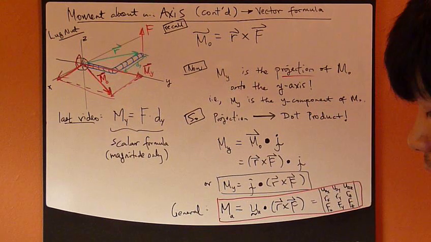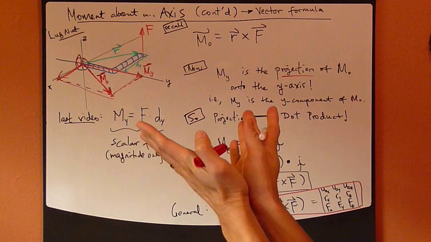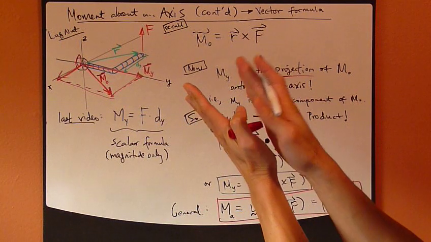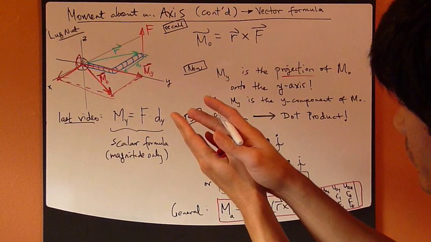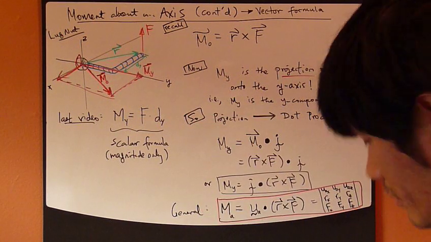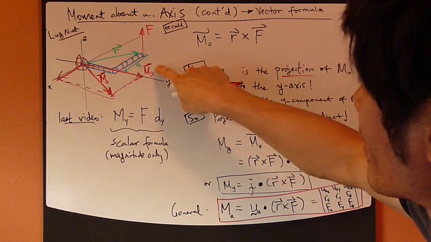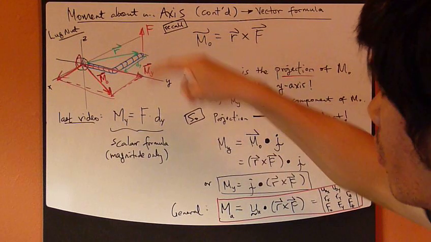Recall when we talked about the dot product, the meaning of the dot product of two vectors is that you take one vector, project it onto the direction of the second vector, and then multiply them together. This is exactly what this is. So My is the projection of M naught onto the y direction.